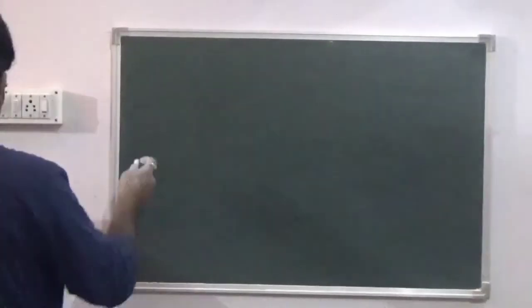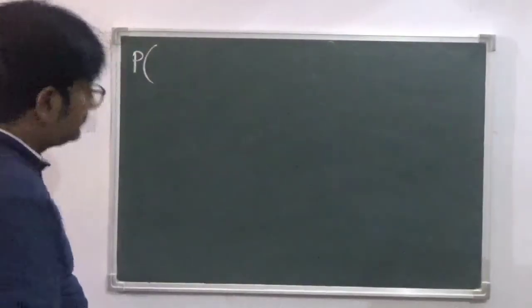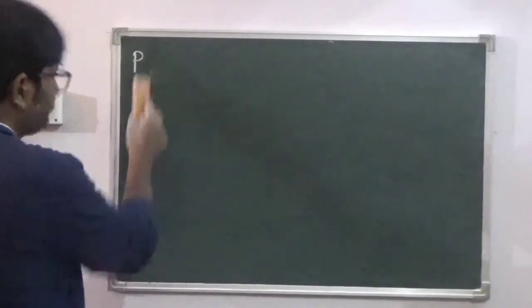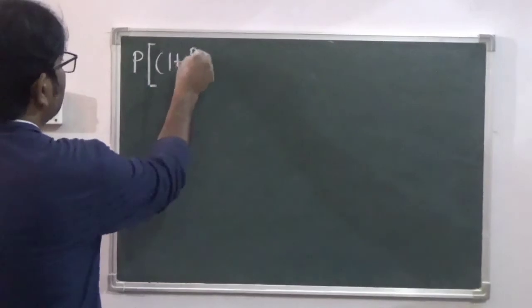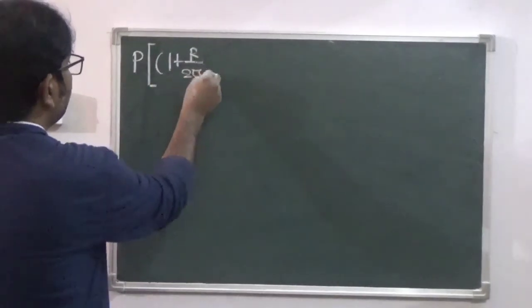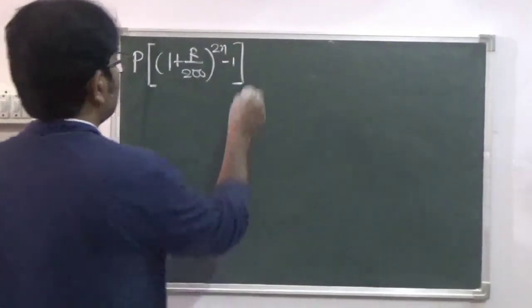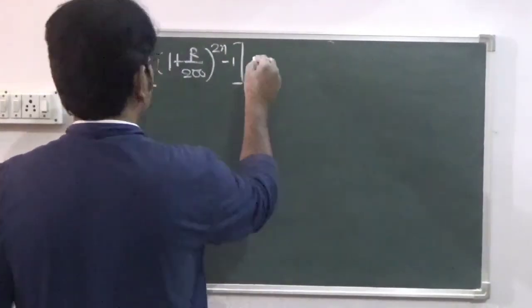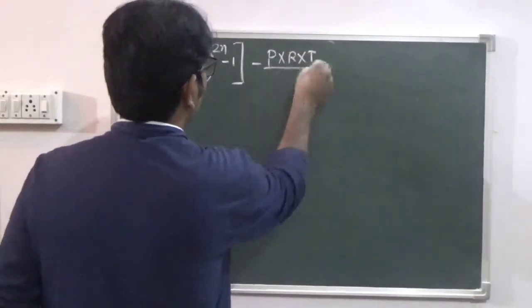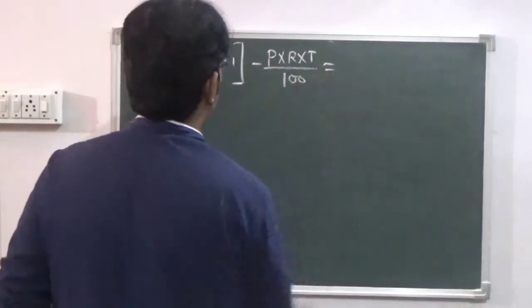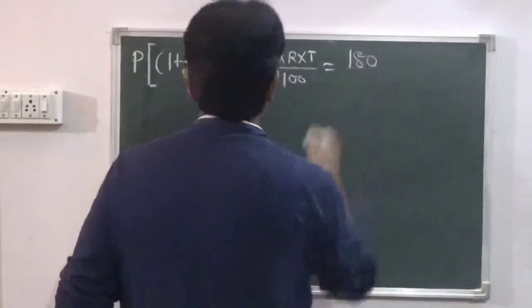So let the sum be P. Then we have P into (1 plus R by 200) to the power 2, minus 1, minus P into R into T by 100, equals 180.